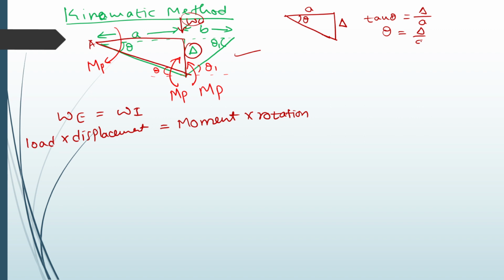So delta divided by A equals theta, hence delta equals theta into A, or A theta.